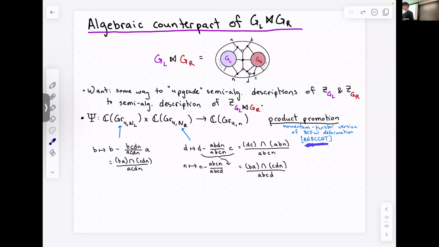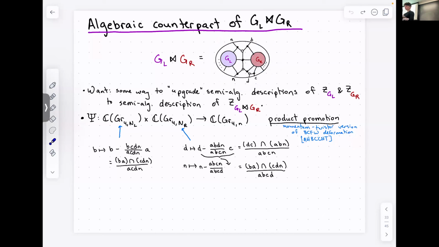This is in a paper by Arkani-Hamed, Bourjaily, Cachazo, Caron-Huot, and Trnka. For mathematicians, what are we doing in this map? In the way that we're gluing these graphs together, there are 5 special indices: A, B, C, D, and N, which is the location where I put this butterfly.